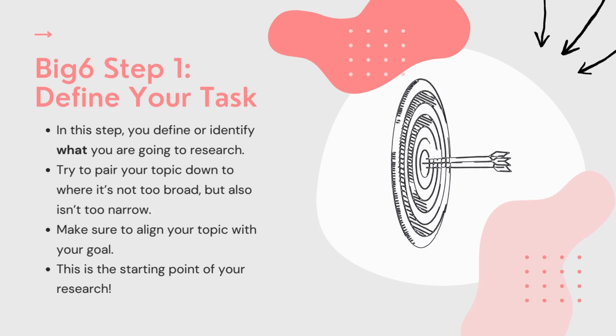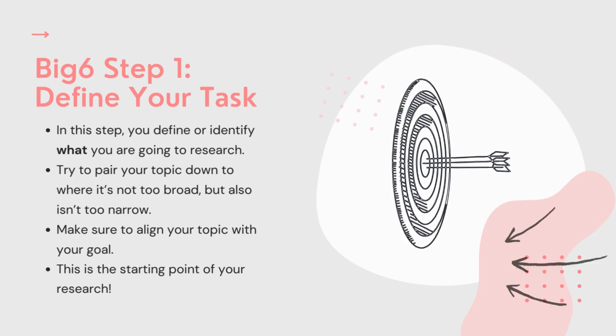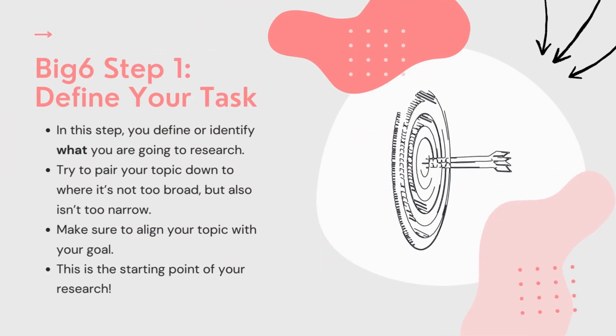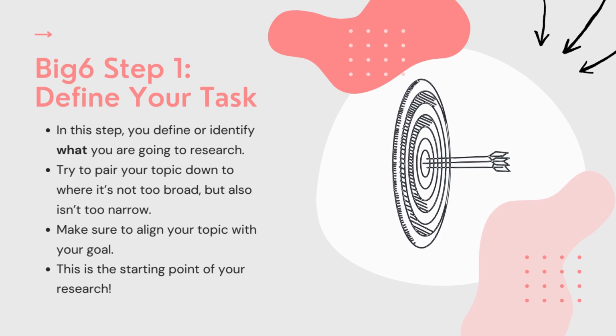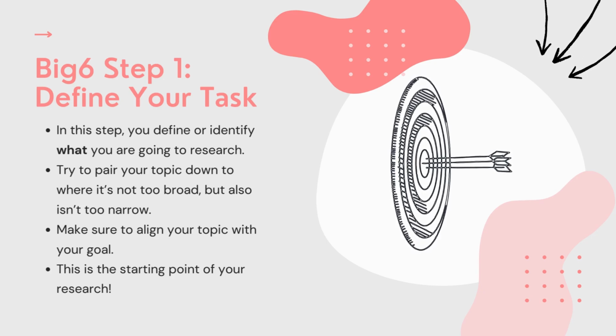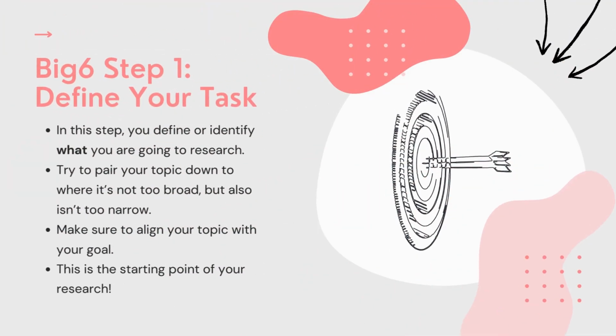Once you figure out kind of the area of what you want to research, then you have to pare it down to where it can be a little bit more specific so you're not over-inundated with just a ton of results or a ton of information. But you also want to make sure that it's not so narrow that you can't find multiple resources. Double check and make sure that you align your chosen topic with whatever your goal is.